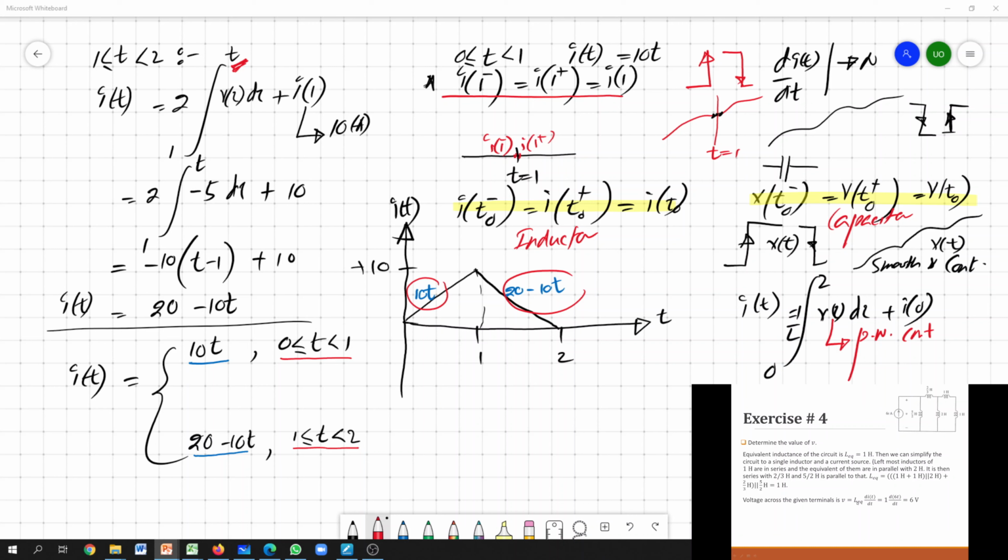Then whatever the equivalent would be is in series with this 2 over 3 Henry one, so you can treat it as a series combination and find the equivalent. Ultimately, it should be in parallel with the 5 over 2 Henry inductor. Then you can completely replace these 5 inductors in series and parallel combinations with a single inductor in series with the current source. Then you can apply the basic equations.